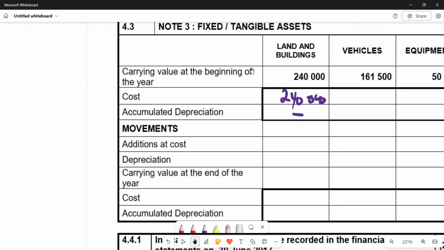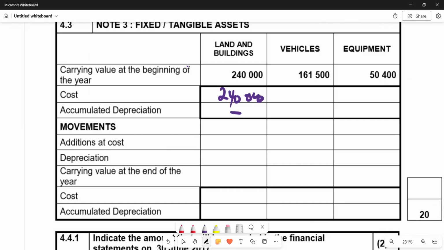So for vehicles, we have got 190,000, and in terms of depreciation, we've got 20,500. And then obviously we subtract: 190,000 minus 20,500, and you get 161,500, which is the figure that's pre-entered.